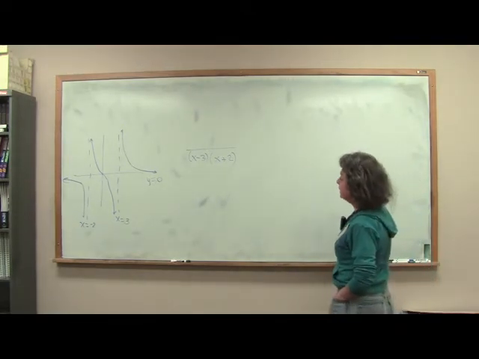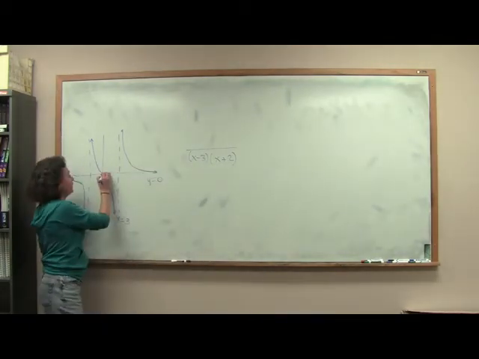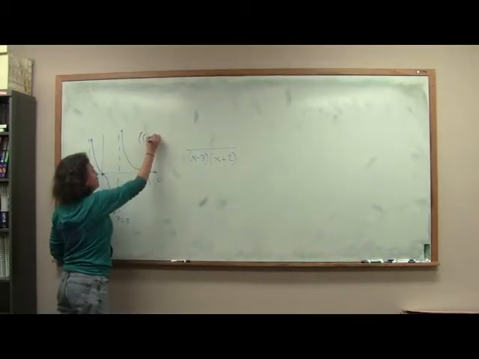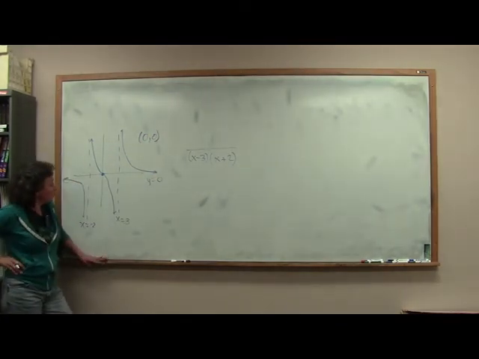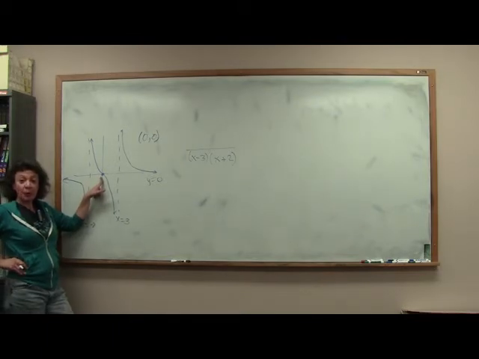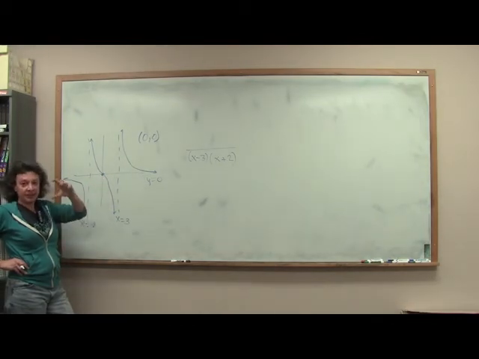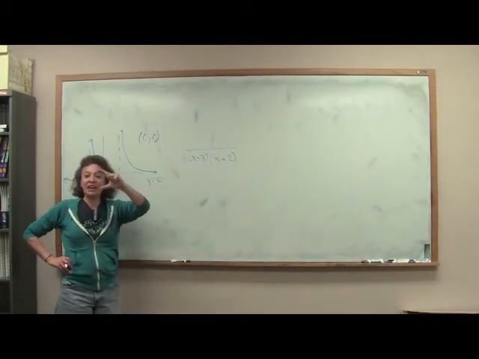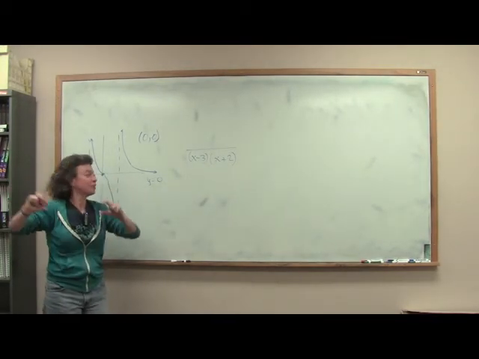Okay? Now, what else do we have? We have that this graph goes through the point 0, 0. So, for example, how do you find your x-intercept? Well, remember, the way you find your x-intercept is you set y equal to 0. Again, a fraction is only equal to 0 if your numerator is equal to 0.